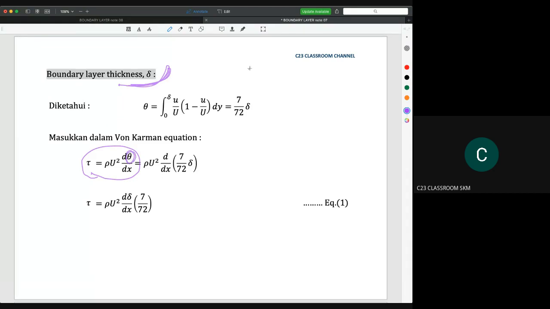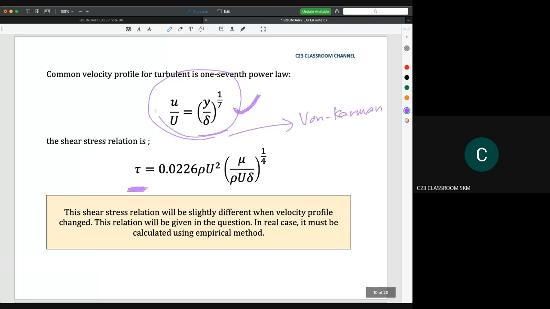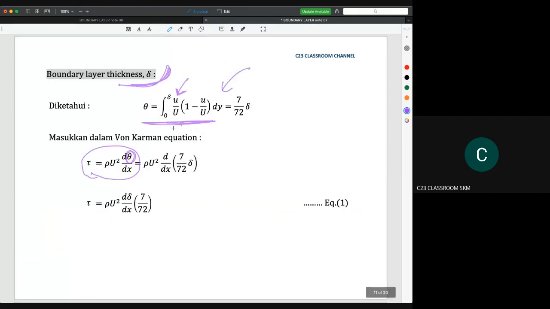You are familiar with this, this is the equation for theta. Then we substitute the value of u over U here with y over delta to the power of 1 over 7. You could do this at home, and finally, inshallah, you will get 7 over 72 delta.